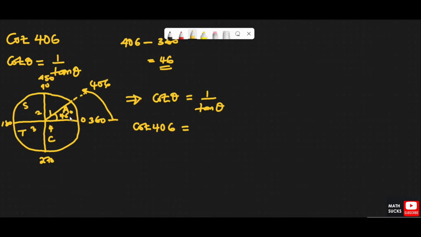Everything in the first quadrant is positive, so tan is positive, so cot is still going to be positive. So it's going to be cot of the small angle we have found, which is 46. And this is the respective equivalence of cot of 406 in terms of an acute angle.